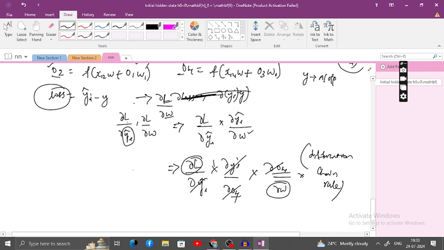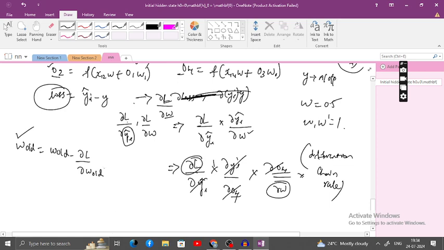So what are you going to calculate? Look at this, you have the formula: W new is equal to W old minus dou L by dou W old. Each time you differentiate, you deduct that from the older weight. I have assumed W is equal to 0.5, and W1 and W dash are equal to 1.